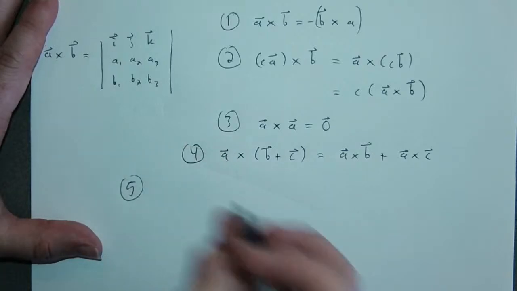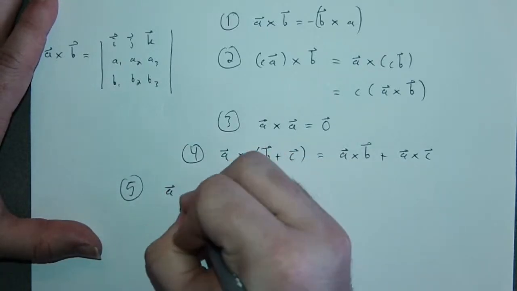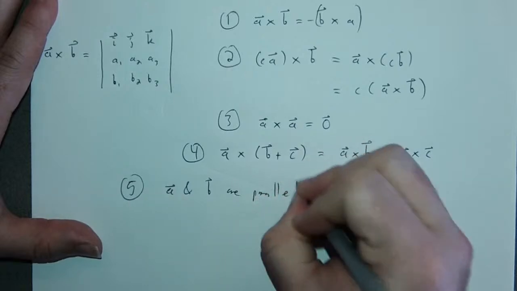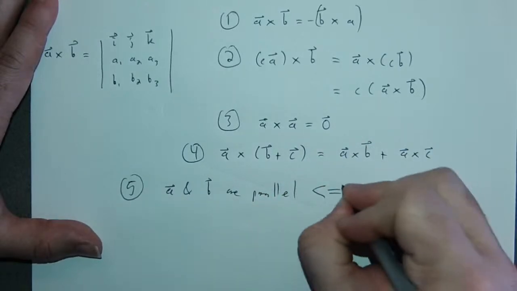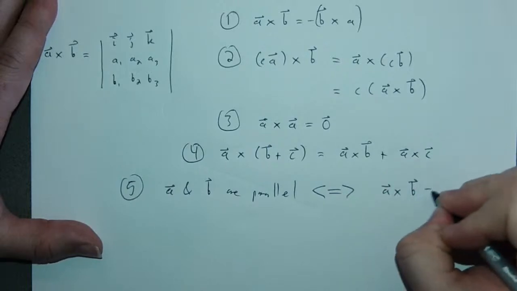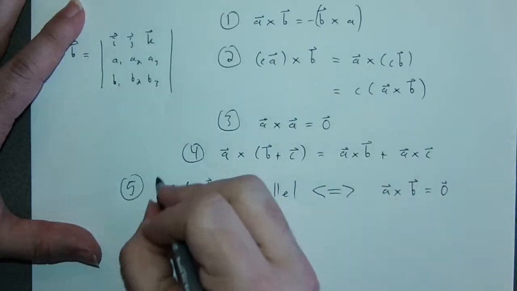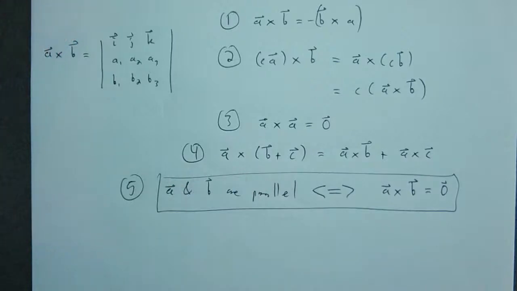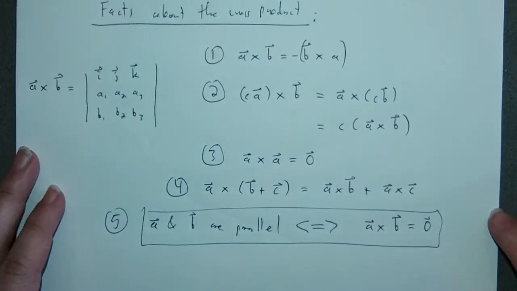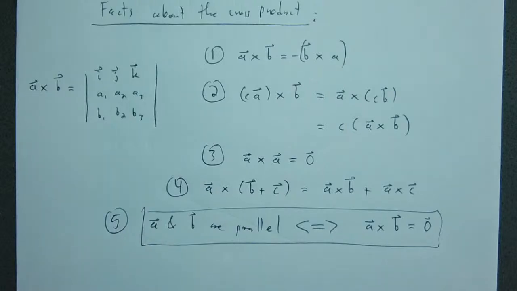Of course, 5 we saw last time, A and B are parallel if and only if, that's what this symbol means, A cross B is equal to the 0 vector. Okay. So that's a nice fact to have. And of course, number 3 is a special case of that because any vector is parallel to itself.